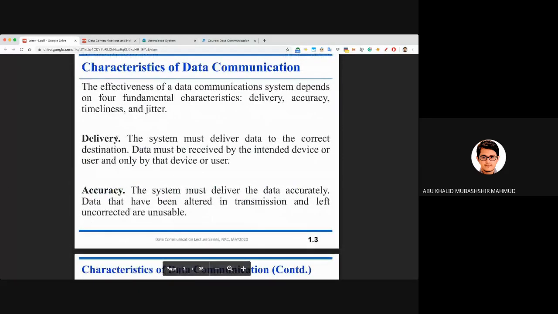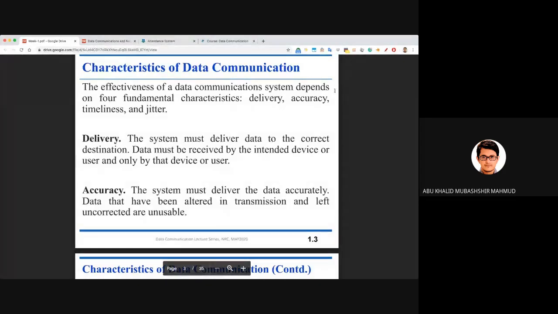The effectiveness of data communication systems is dependent on four fundamental characteristics: delivery, accuracy, timeliness, and jitter. The points are self explanatory, but for your convenience, let me deliver some examples.